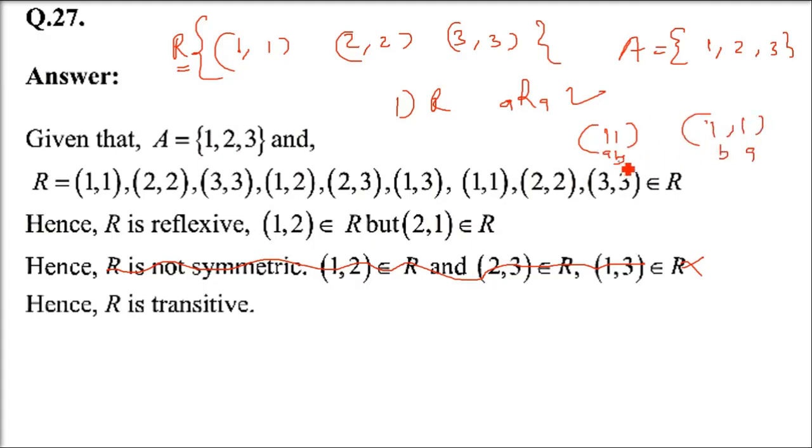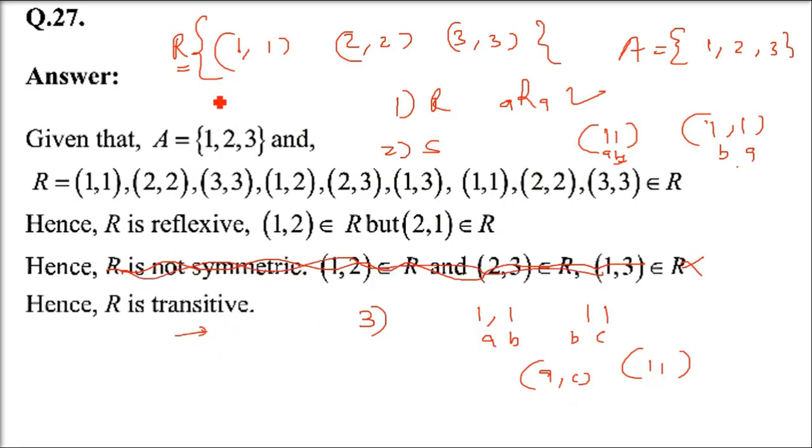So again it is 1 1. A and B, B and A, both are 1. So symmetric it is. Transitive also we have already proved. If 1 1 is there and we assume it to be AB, because B is 1, this other B also has to be 1, and since there is only 1 1, AB and BC have to be 1 1, and AC is also 1 1. So this is an equivalence relation. The answer is C.